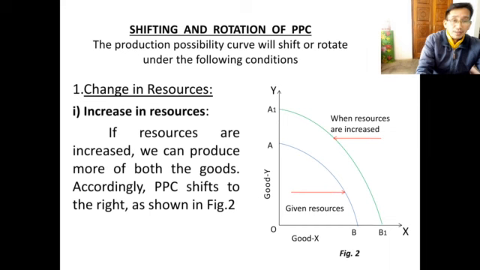That is why this production possibility curve is concave to origin. So that we'll discuss next time, and for today I hope you have clearly understood what the production possibility curve is, what the shape is like, and what the factors are in the shifting and rotation of the production possibility curve.